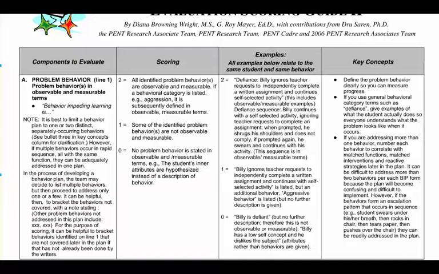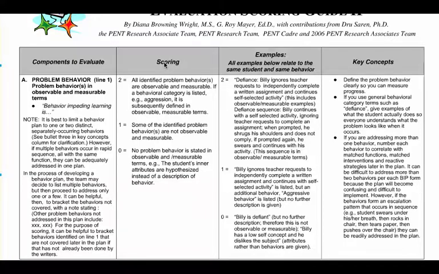So the components, and I'll just go through a couple of them here, include a question as to whether the problem behaviors that have been identified have been described in observable and measurable terms.